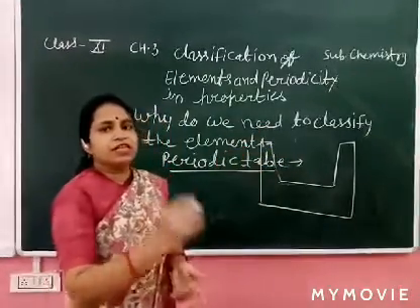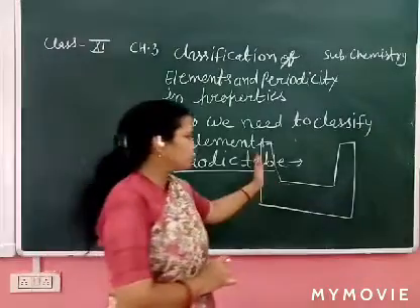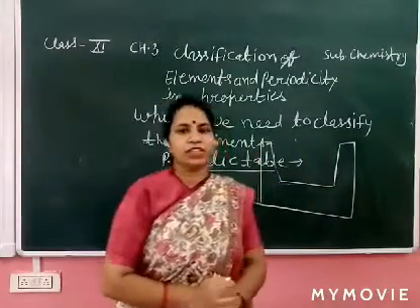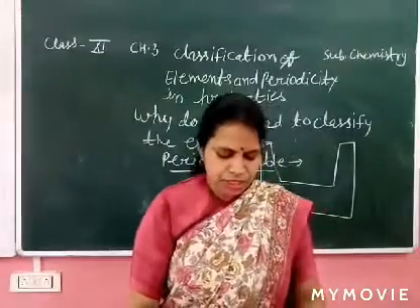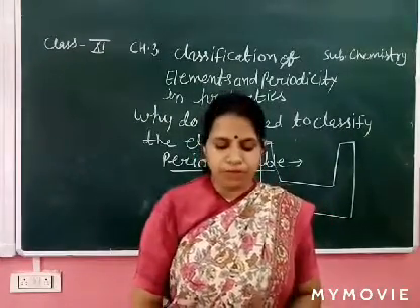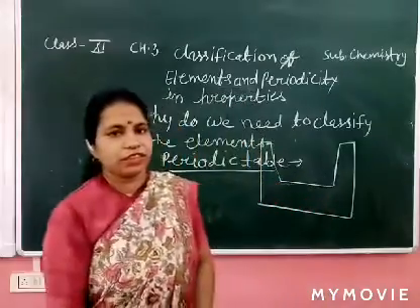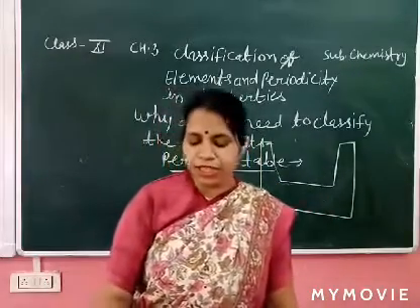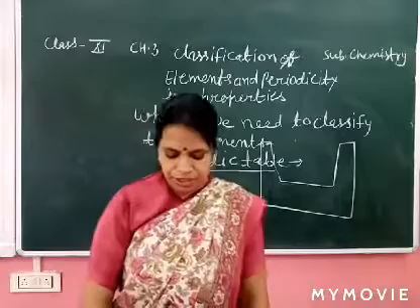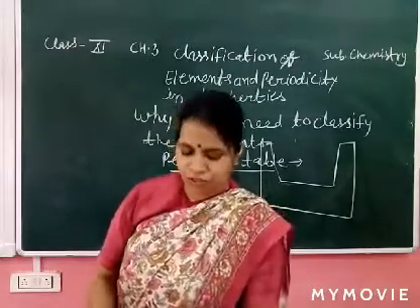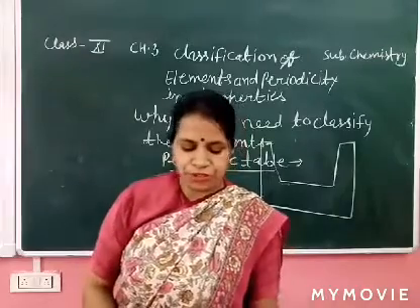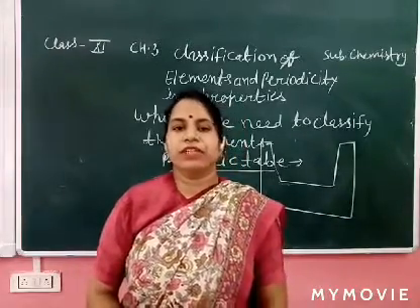We arrange the elements in groups and periods. This is called the periodic table. Arranging the elements in such a way that similar elements are placed together while dissimilar elements are separated from one another is known as the classification of elements.